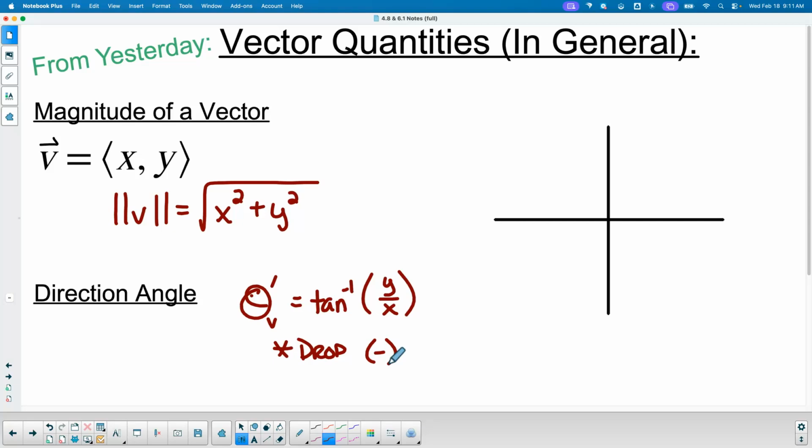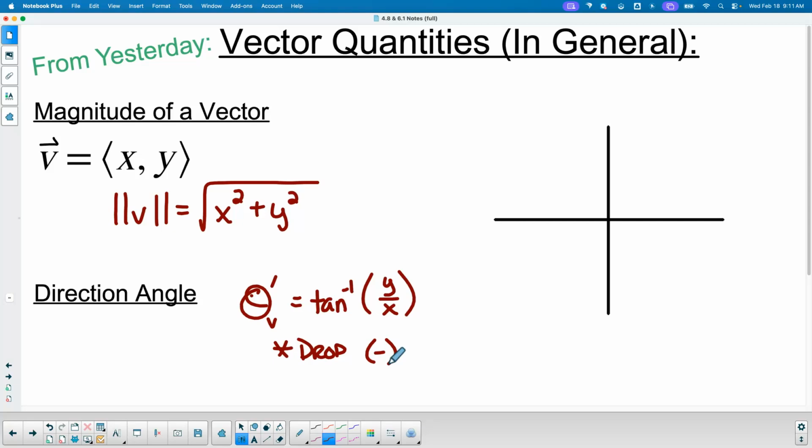Then depending upon which quadrant your vector is in, and remember the quadrant that your vector is in is based off of the positivity of x and y. Just like if it were a point, positive, positive is in quadrant 1, negative, positive is in quadrant 2, negative, negative is in quadrant 3, positive, negative is in quadrant 4.